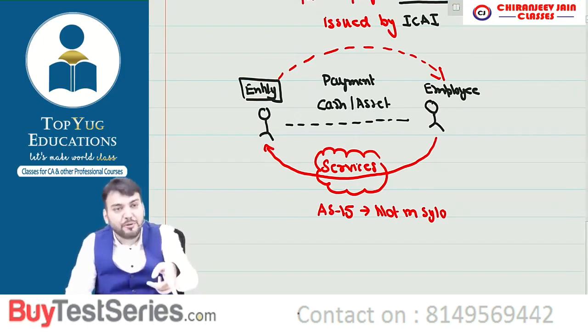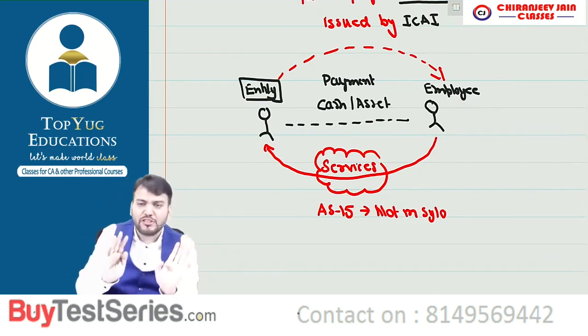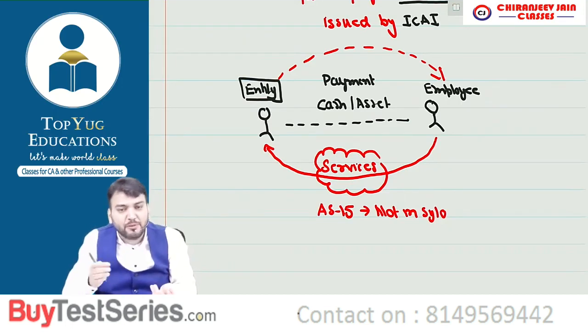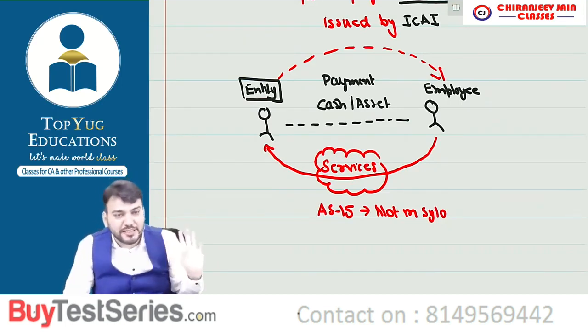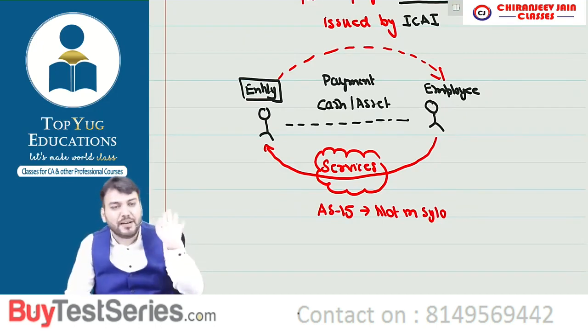I am not saying that you don't know the journal entry of salary paid. You know the journal entry for payment to an employee for services received. But there are many other points in Accounting Standard 15 which we don't know right now, which will be discussed at CA Final level.